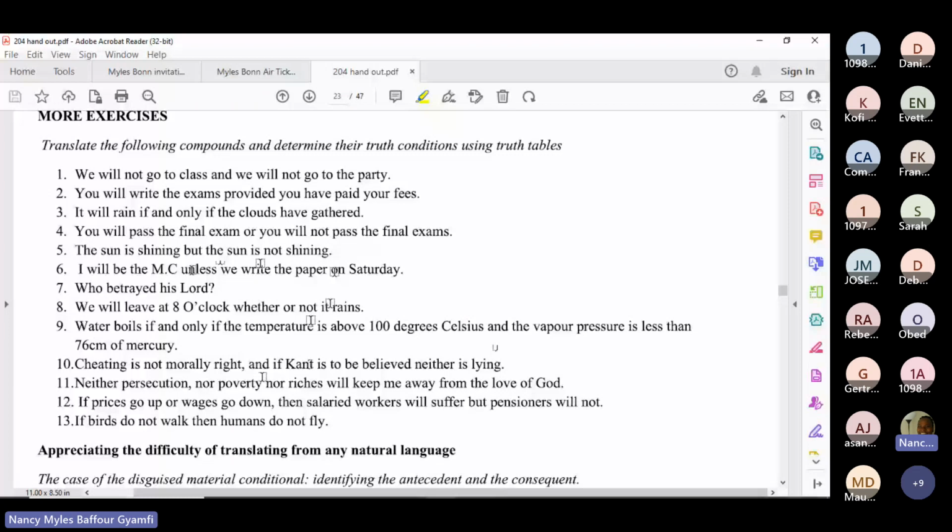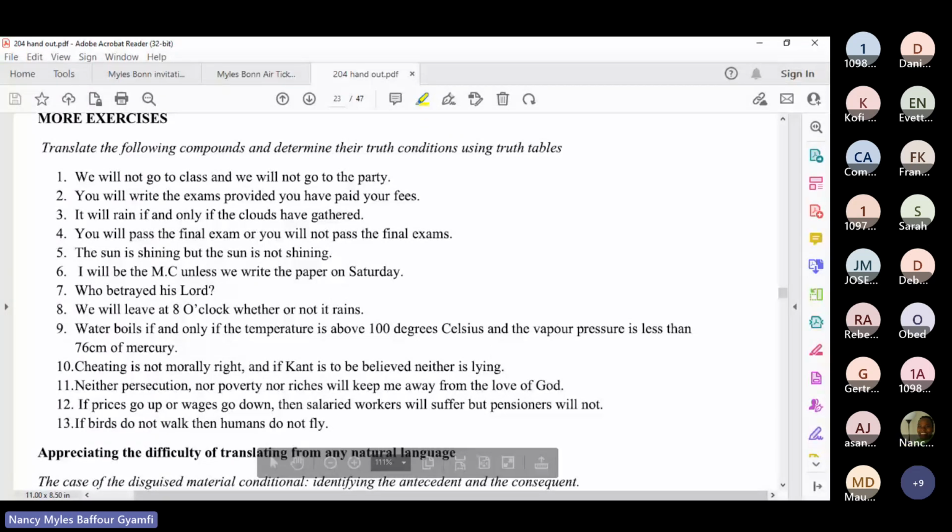I'll be the MC unless we write the paper on Saturday. You see that it can be: if we write the paper on Saturday, then I will not be the MC.